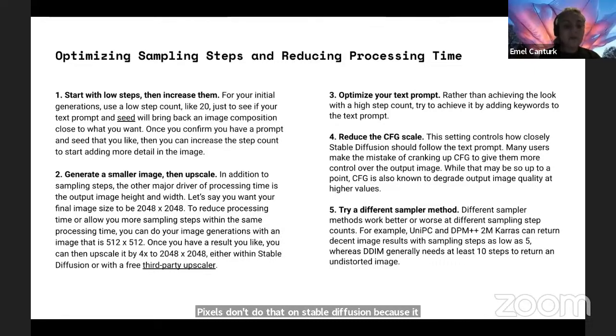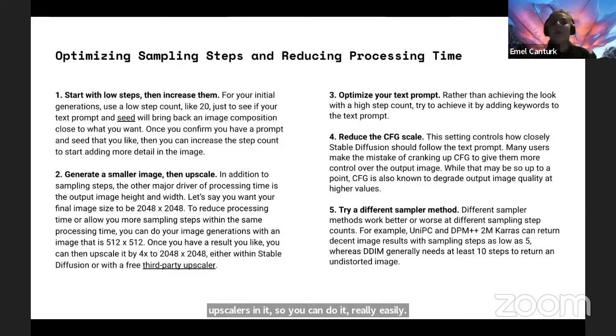Instead, generate an image with a resolution of 512, and then you can upscale it by 4 or by 2, it's up to you. You can do it with a third-party upscaler, but you can also do it within Stable Diffusion. Stable Diffusion has upscalers in it, so you can do it really easily.